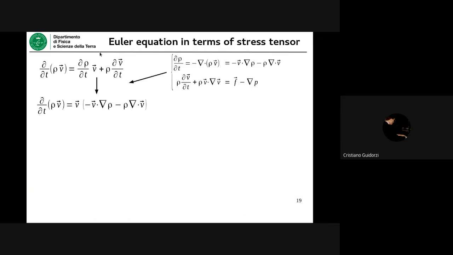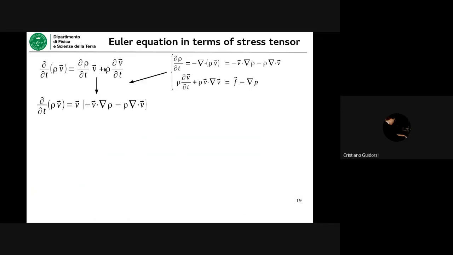Now, let's start from this equation here. You see that for the first term, instead of writing the partial derivative of rho with respect to time, I use this identity here. Among brackets, I put all this, which is just the partial derivative of rho with respect to time, times v. So I just copied v here.